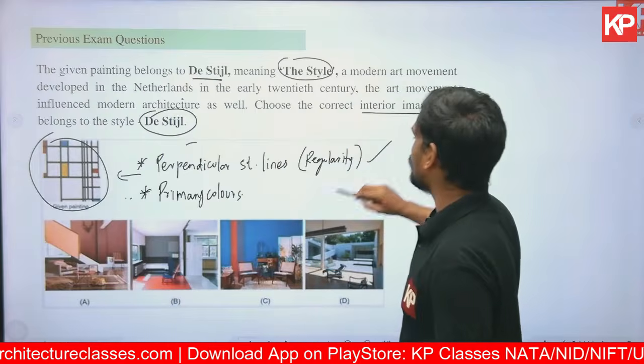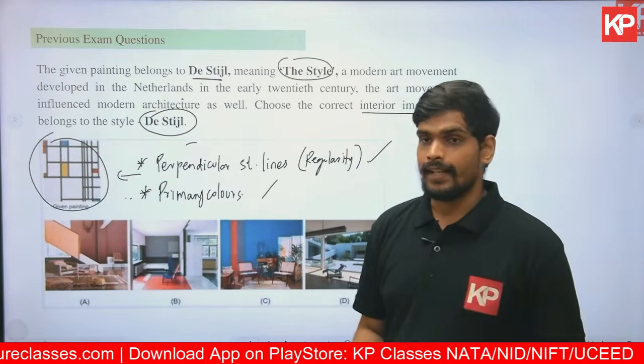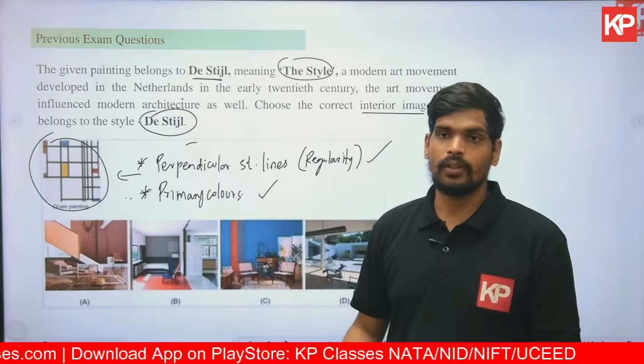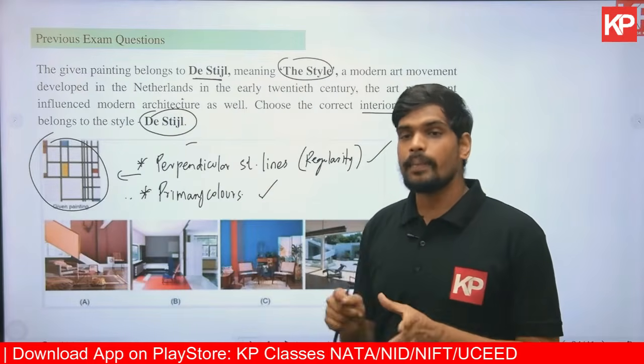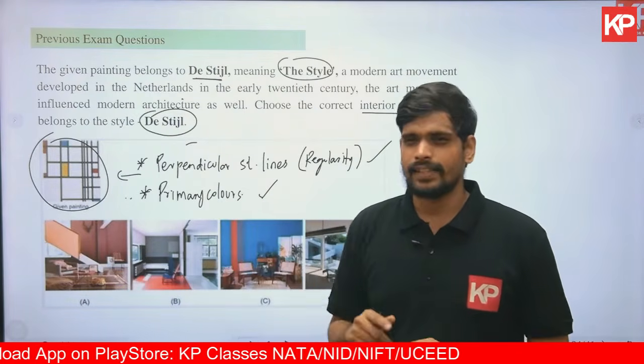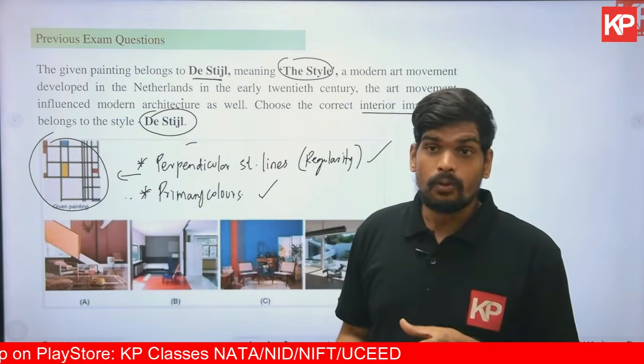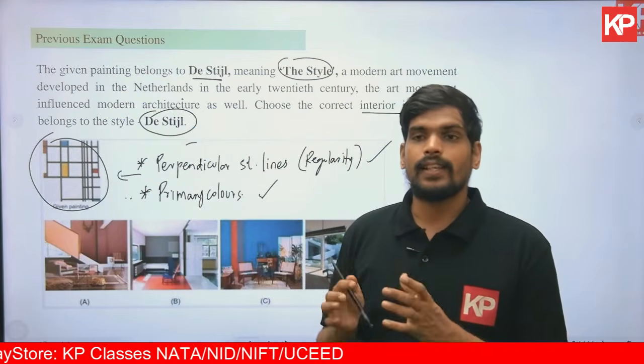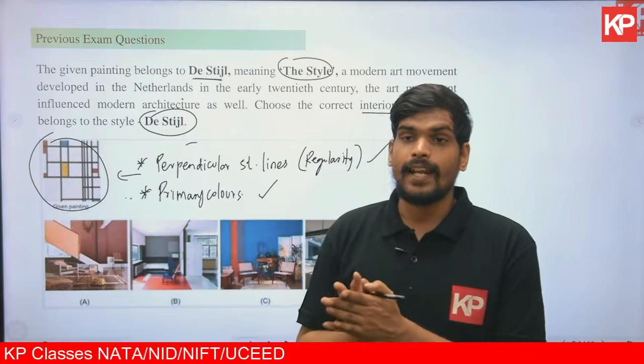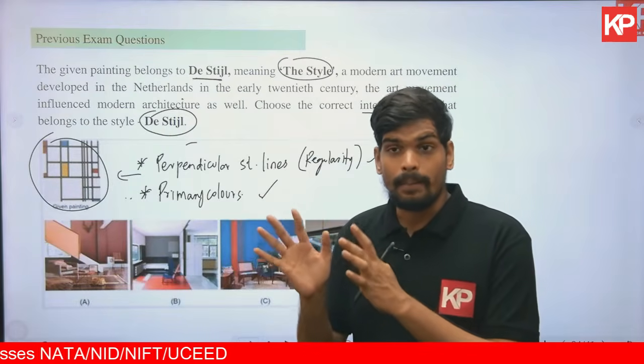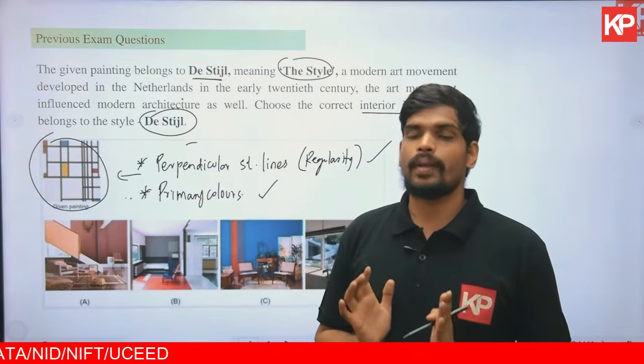So these are the 2 points which you need to know about De Stijl style. You need not know even before going to the exam. They gave the picture. From the picture, you just need to identify the characteristics. From the given figure, we have decoded the figure and understood that the characteristics of De Stijl style are regularity, using perpendicular lines and use of primary colors.